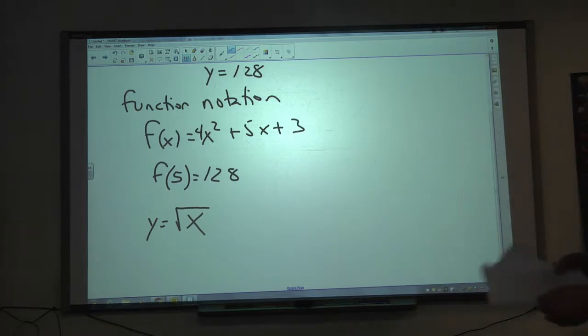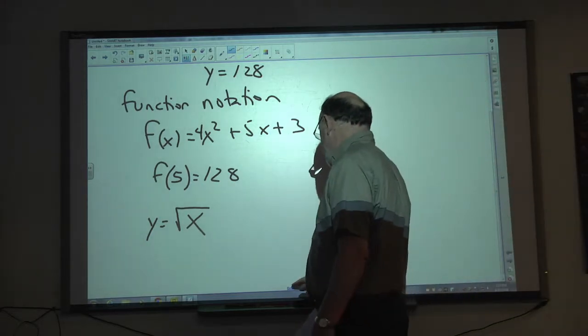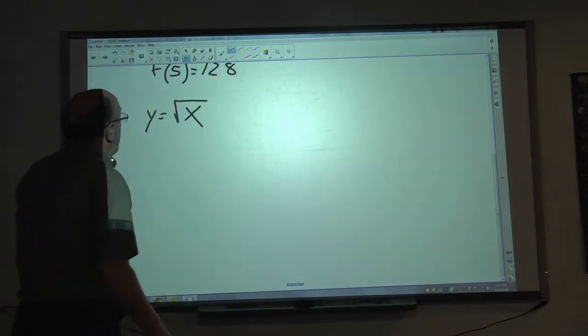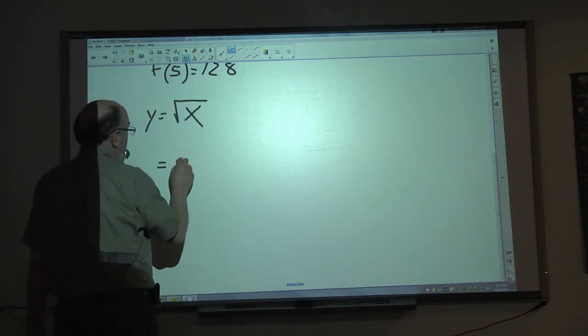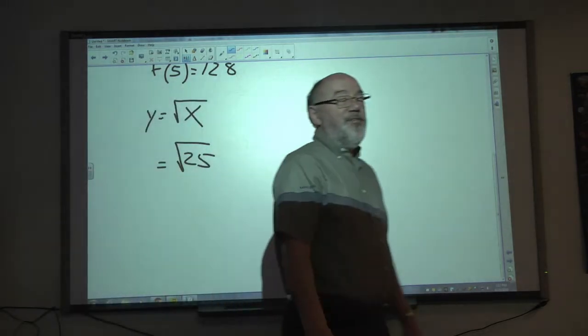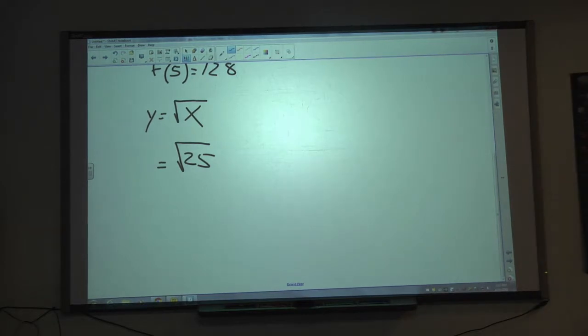Because, what is the square root of 25? And negative 5. Yes, the square root of 25 is actually both positive 5 and negative 5.